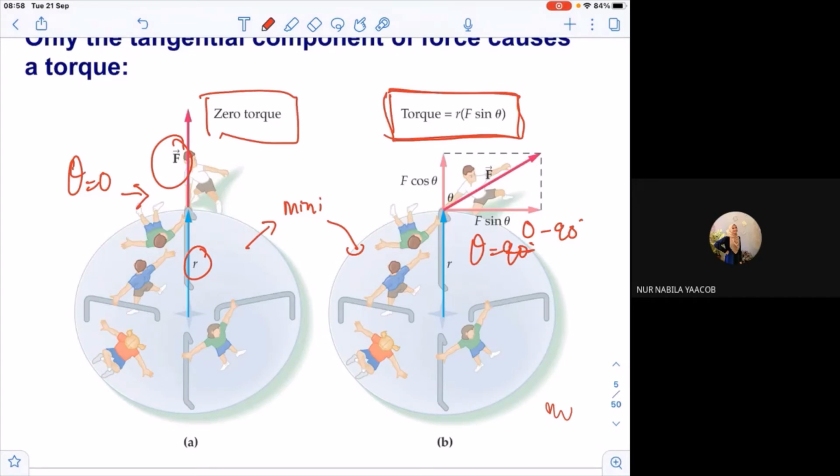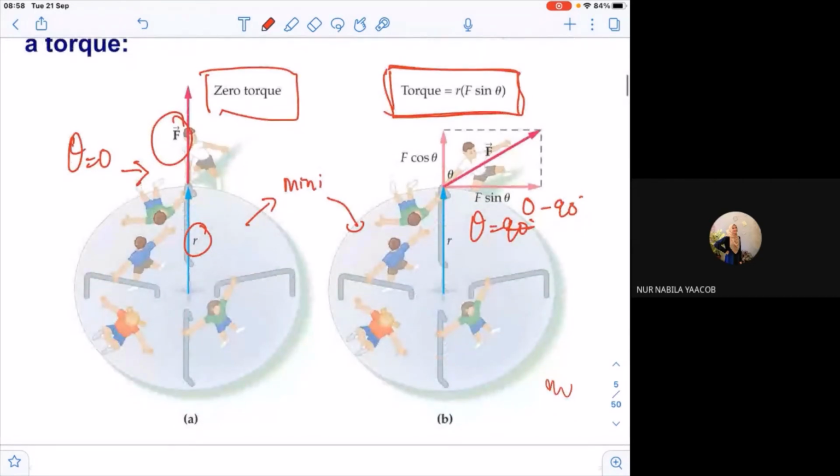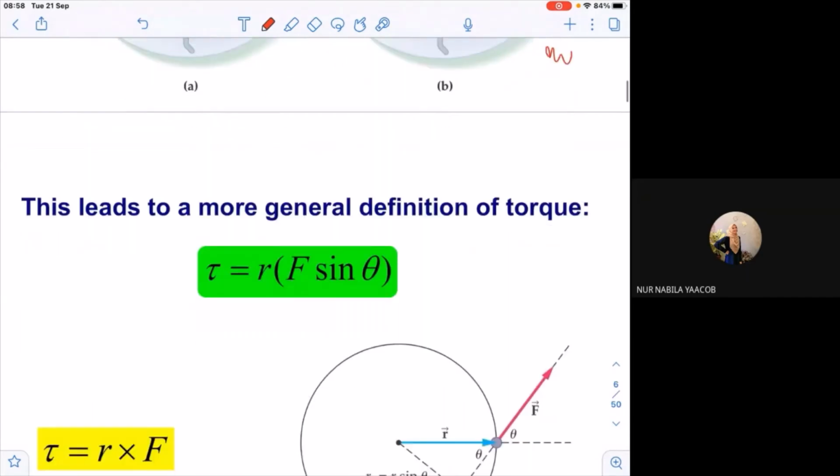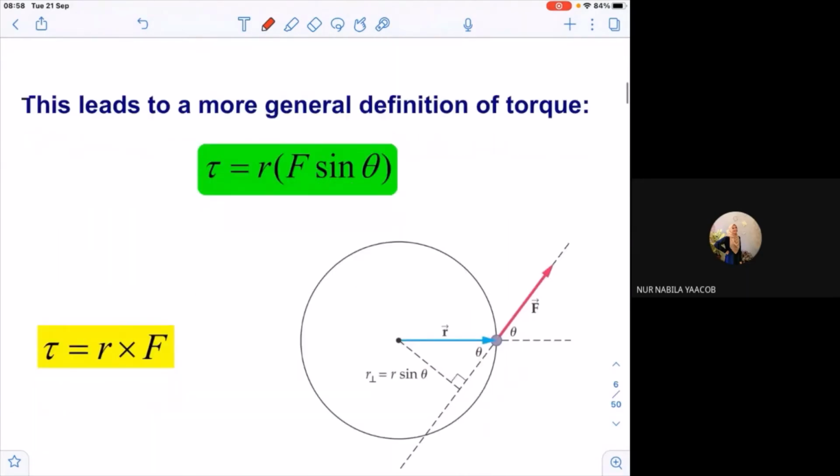So which component of force are we applying in order to get torque? This is what you should know. Before this, we said torque is equivalent to RF, meaning lever arm times force. But the correct way to understand torque is R times F sine theta. Why F sine theta?